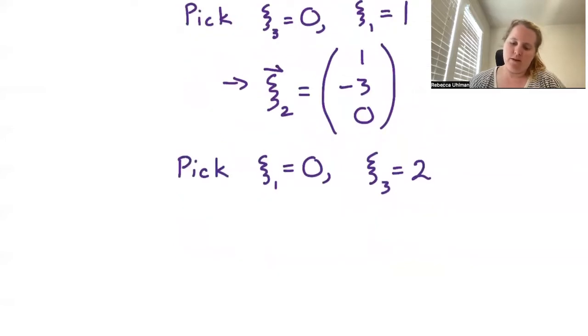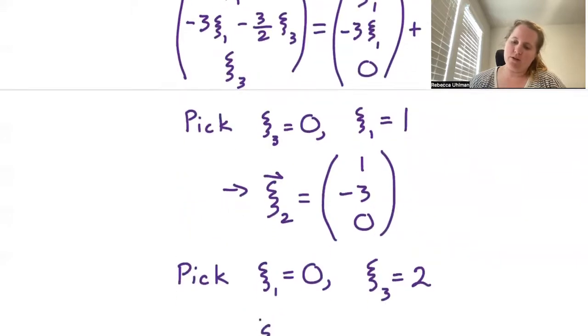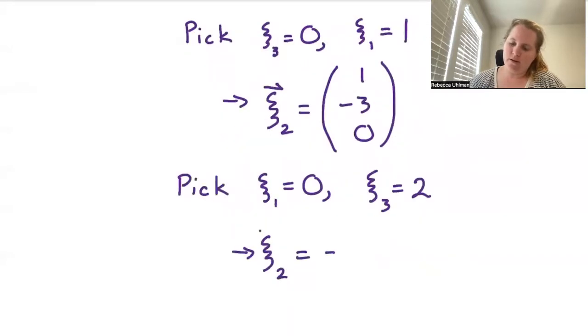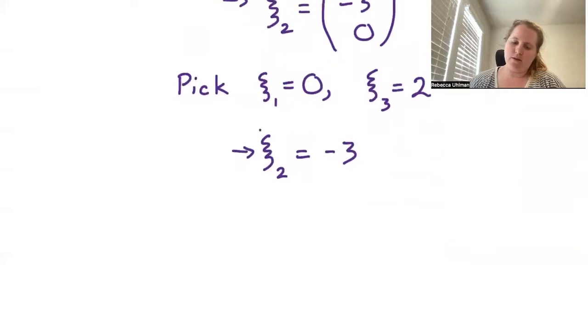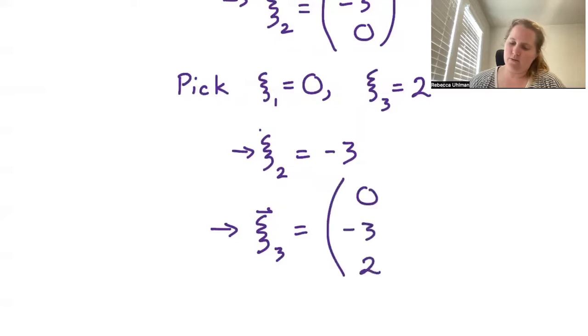Then psi2 would have to be just negative 3. And so our vector psi3 will be 0, negative 3, 2.